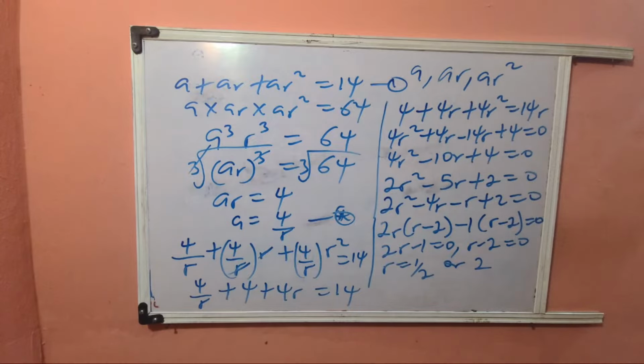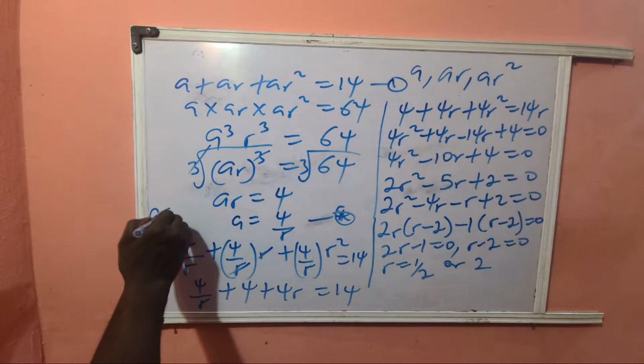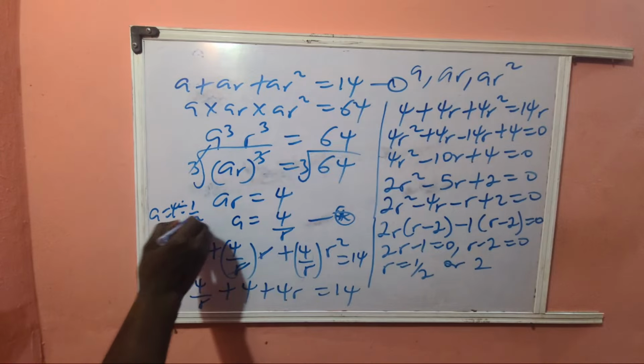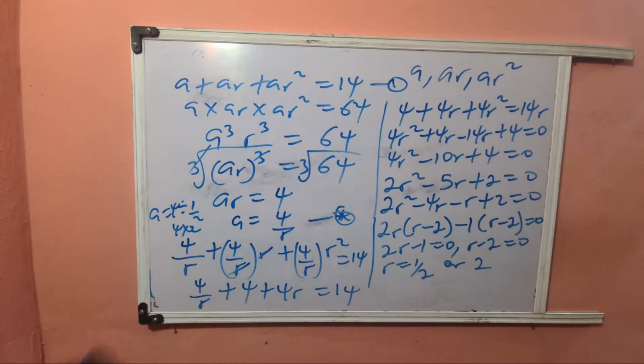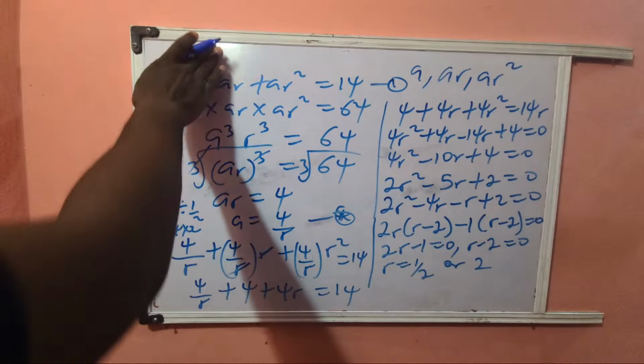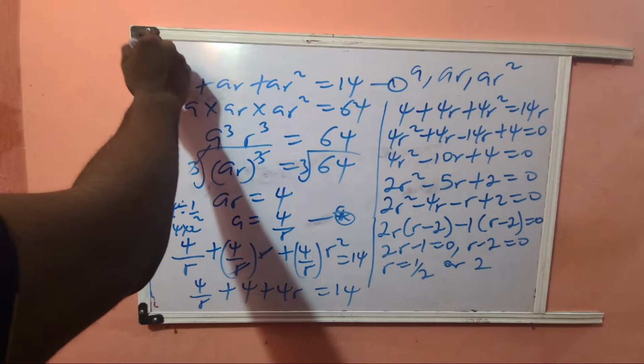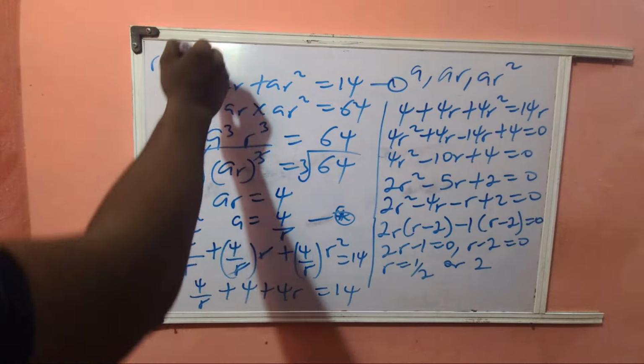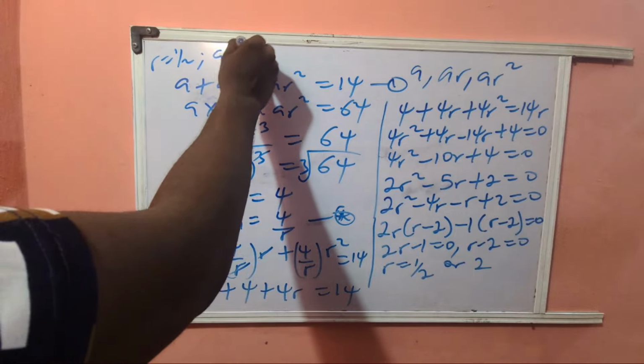So if our r was 1 over 2, fix r as 1 over 2 here. What do you get as your A? That will be 4 divided by 1 over 2. That will be 4 times 2. So if r equals to 1 over 2, my A will be equals to 8.